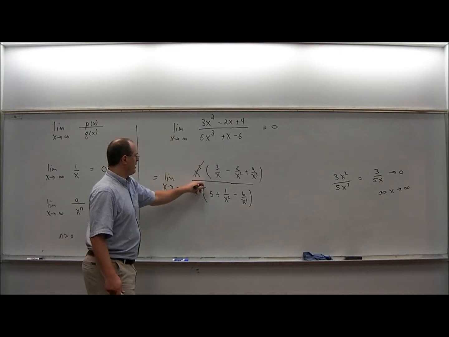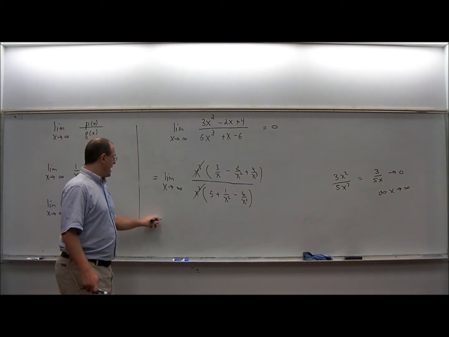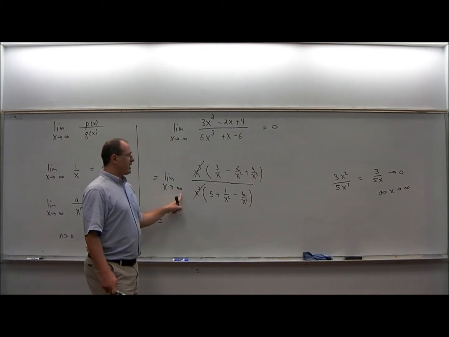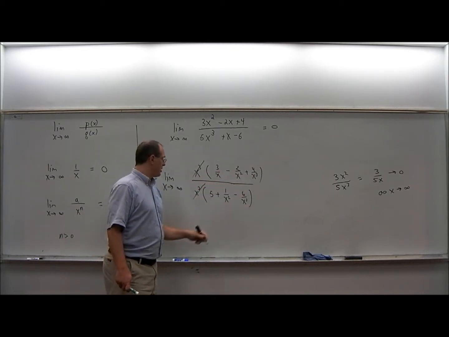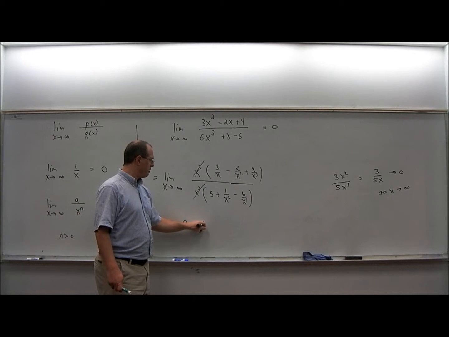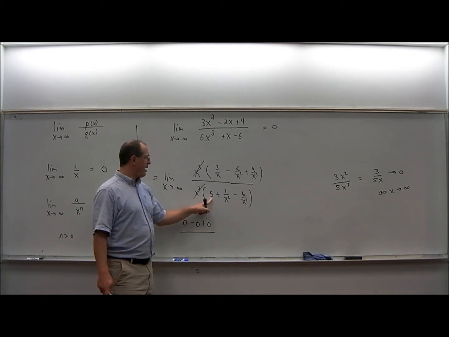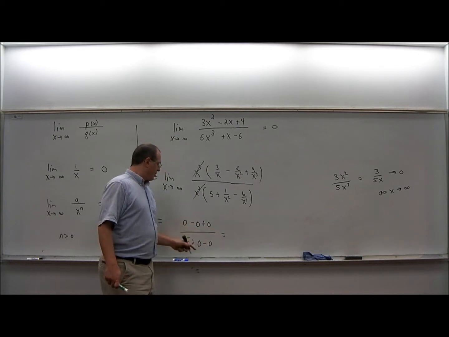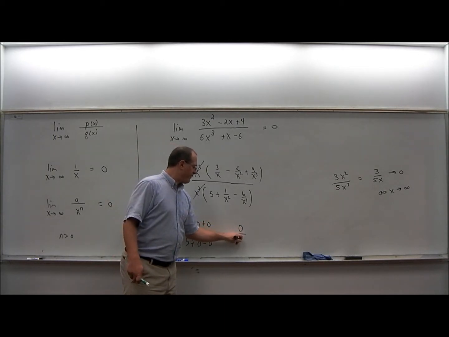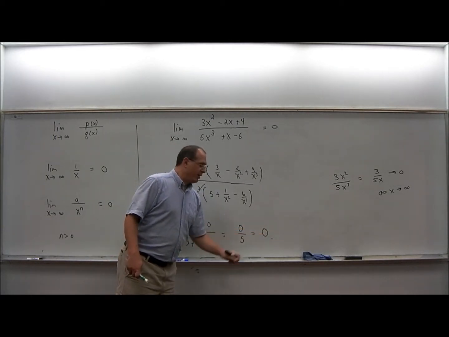And then x cubed over x cubed cancels. And now if you look at the limit as x goes to infinity, in the numerator you have 0 minus 0 plus 0, and on the bottom you have 5 plus 0 minus 0. So this boils down to 0 over 5, which is 0.